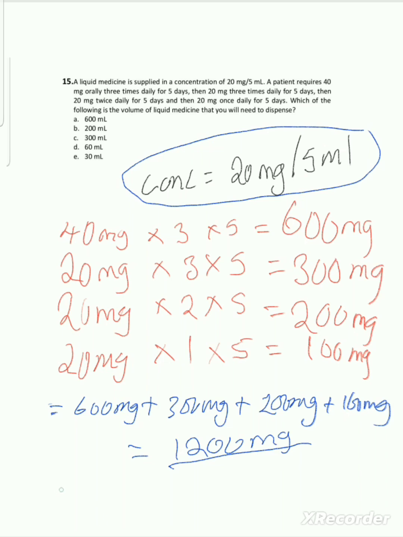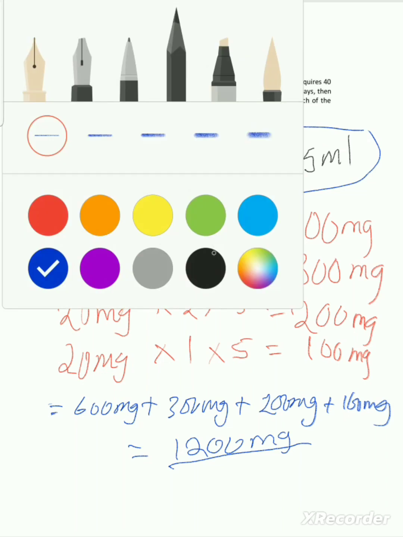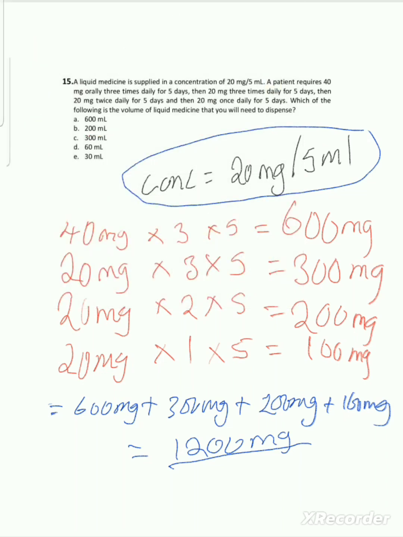So here I can just use 20 milligrams per 5 mil, then 1200 milligrams is equal to X.